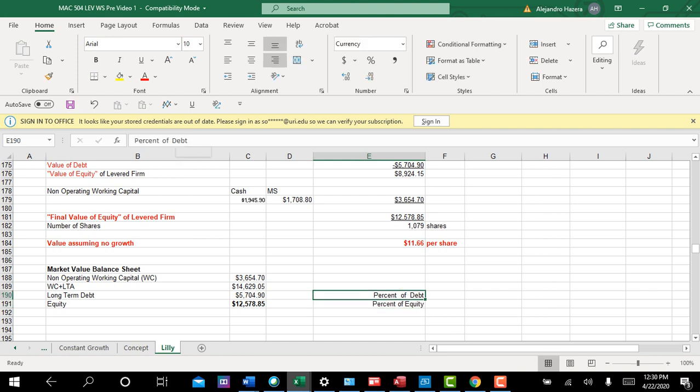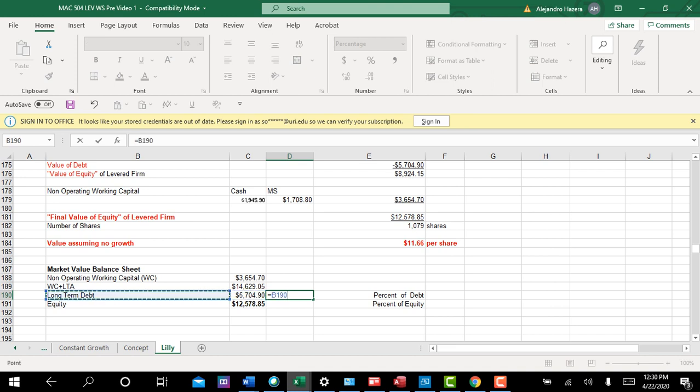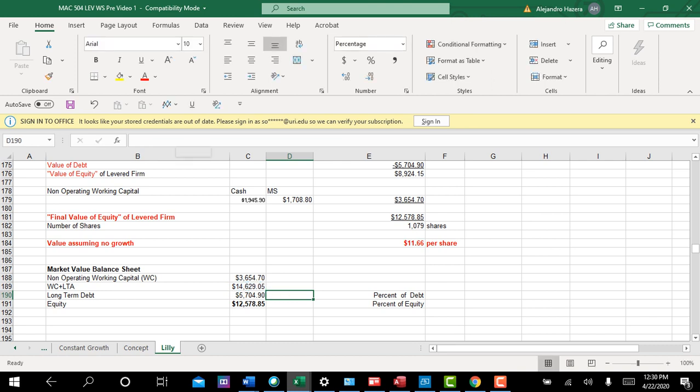I may make some adjustments on these, okay? But the percentage of debt is going to be, in a sense, we're saying that our total assets are equal to that. There may be an adjustment I have to make, by the way, but we'll compute the basic numbers here and continue on the next video.